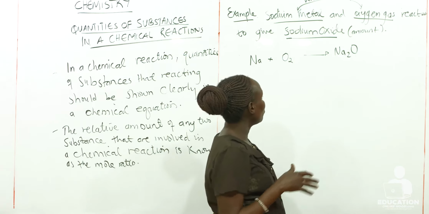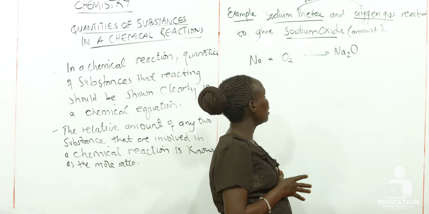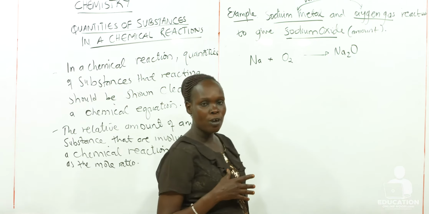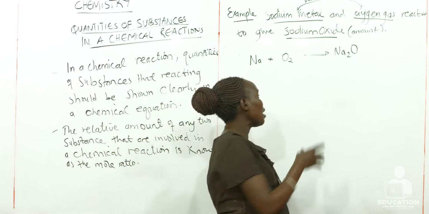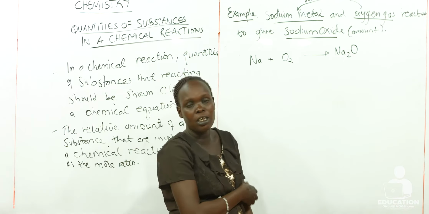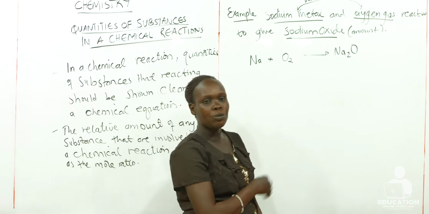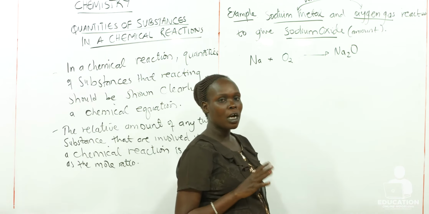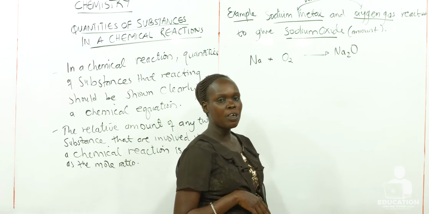So we have to look at oxygen. On the left hand side there are two atoms of oxygen, but on the right hand side oxygen is only one atom. So there is not an equal balance of the atoms present in this chemical equation.